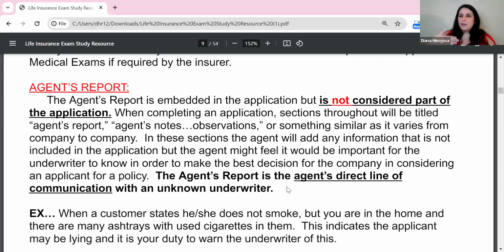Sure enough, they did the medical report, they did the underwriting, and they found out that she was taking about 12 prescriptions at that time. So most of those bottles were probably hers. Maybe the rest were somebody else's, or maybe she's got doubles. But that was just one thing the agent report is for.